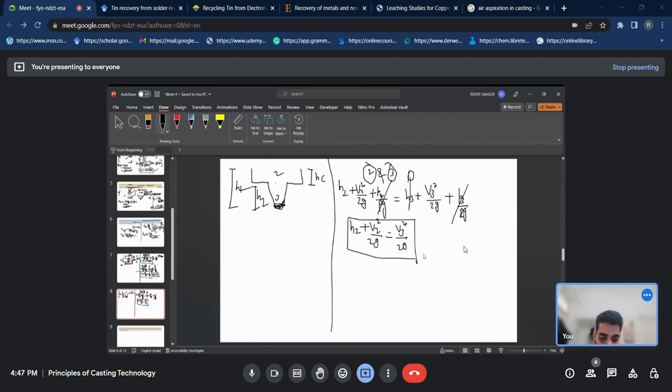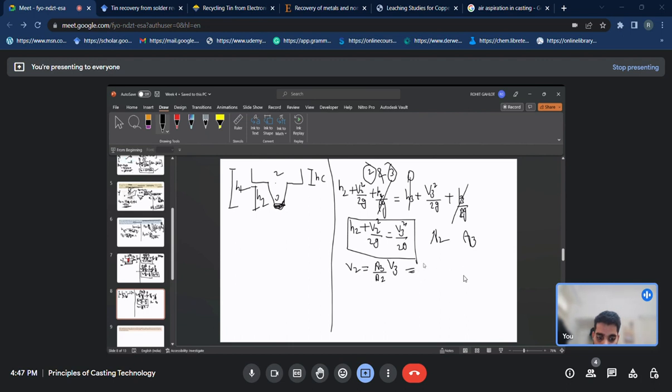Now suppose the areas of cross section at point 2 and point 3 are A2 and A3. If we write the continuity equation, V2 will be equal to A3 by A2 times V3.